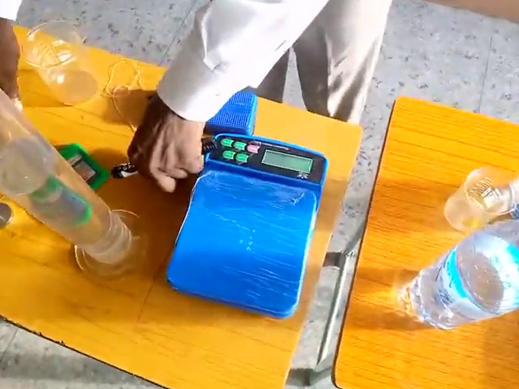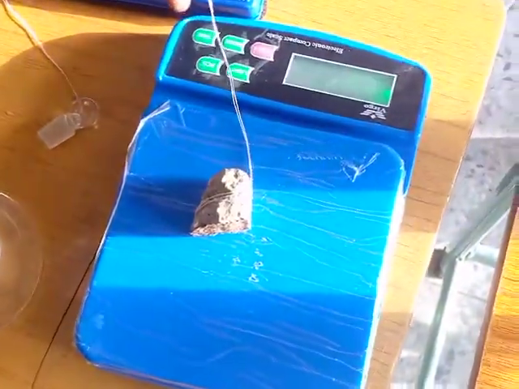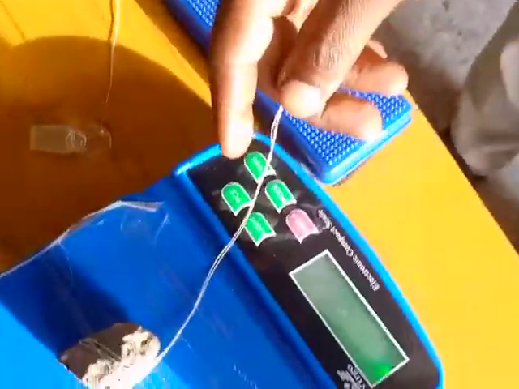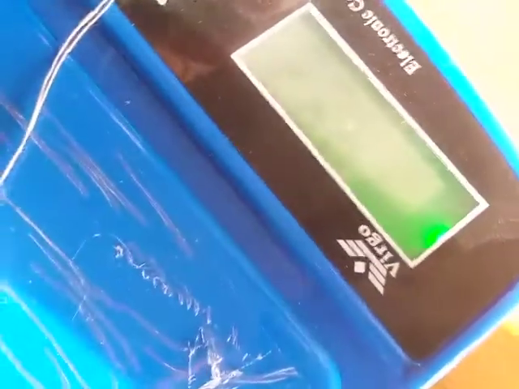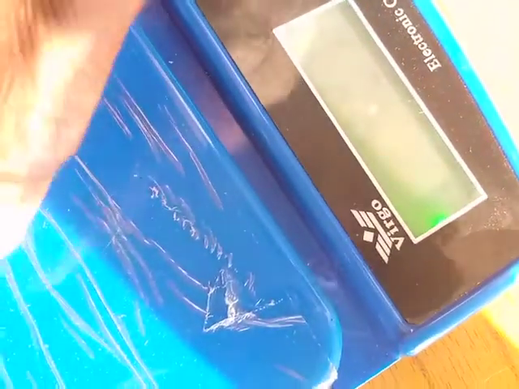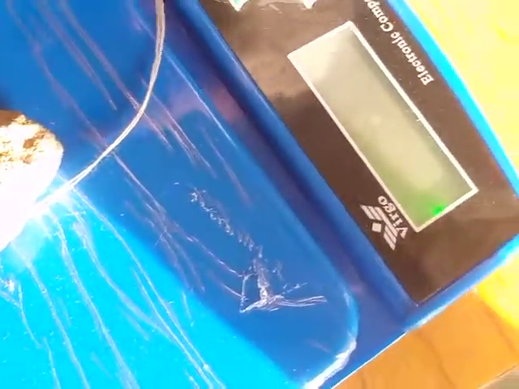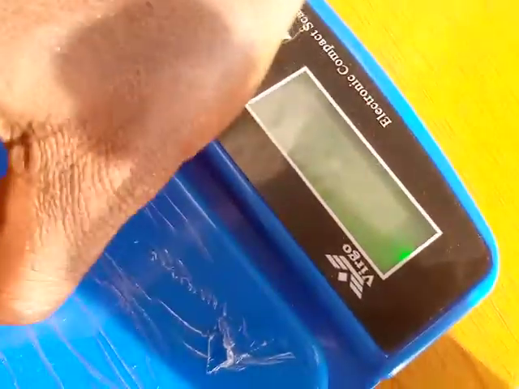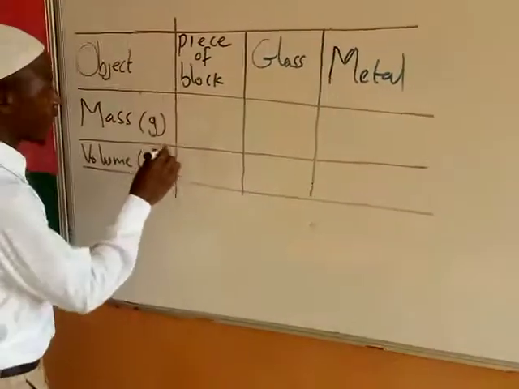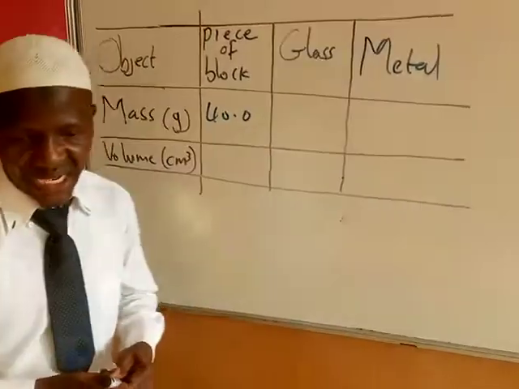For the piece of block, the mass is 40.0 gram. Now, what of the glass?